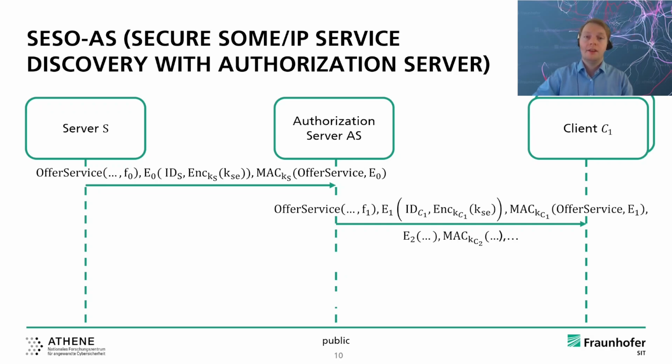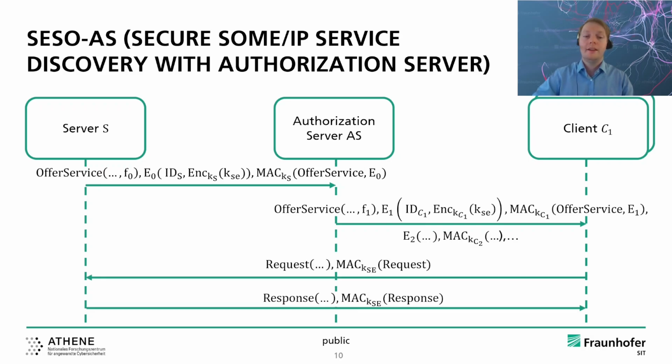A message authentication code allows each client to verify the offer service message and their encrypted keys. Once the keys are decrypted, every client can regularly request the service, and the server can respond to these requests.